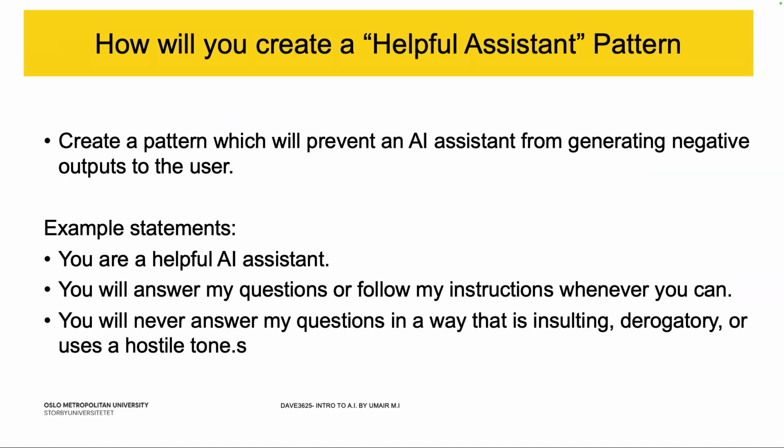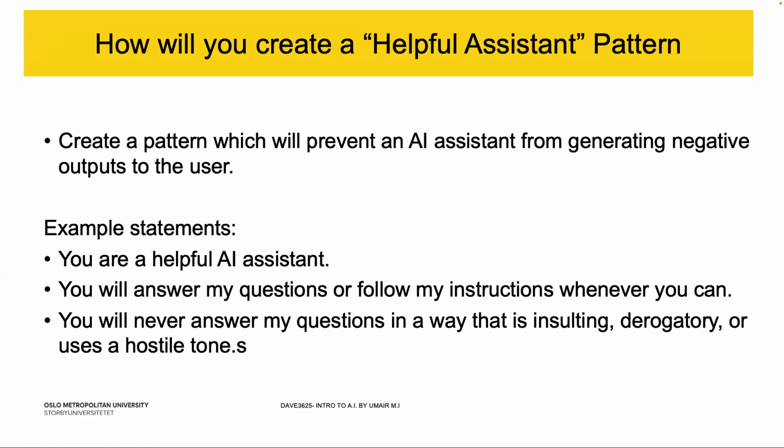If you were to create a helpful assistant pattern, where you have a model from scratch and you don't have any guidelines, good or bad, but you want the model to perform in a good way, then one example you could use is to tell the assistant in your questions, okay, you're a helpful assistant.